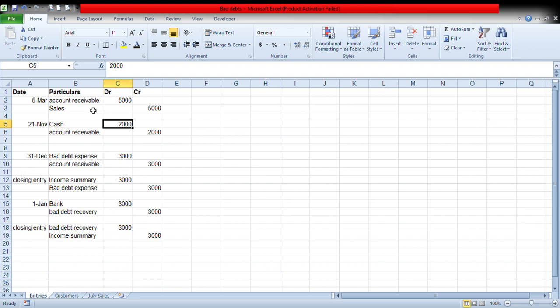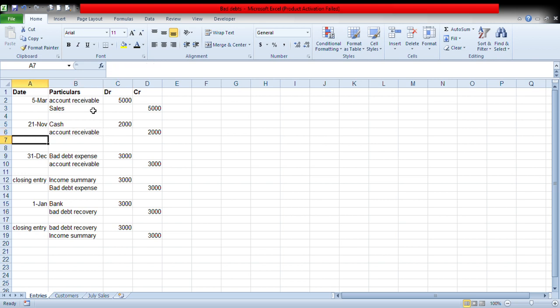After so many months, I received cash for the sales I made. I received 2000 in cash, right? So my credit revenue becomes cash revenue, but only 2000 becomes cash revenue. The rest, 3000, remains credit revenue. Understand? I received 2000 in cash, still 3000 is pending. I didn't receive 3000, right?